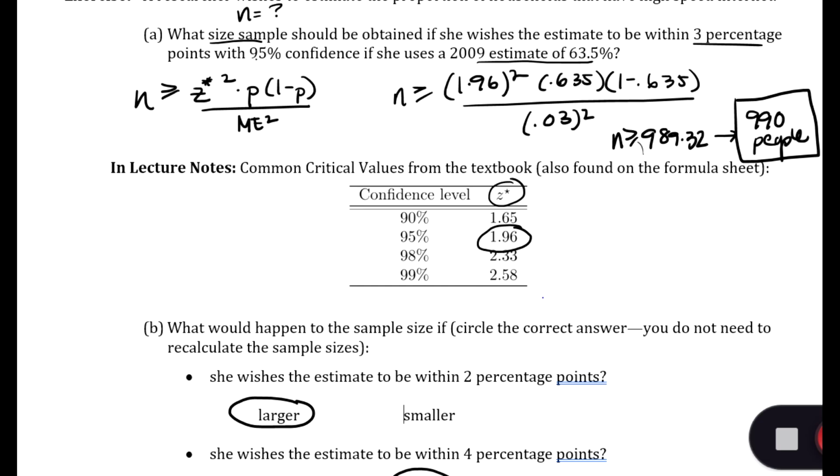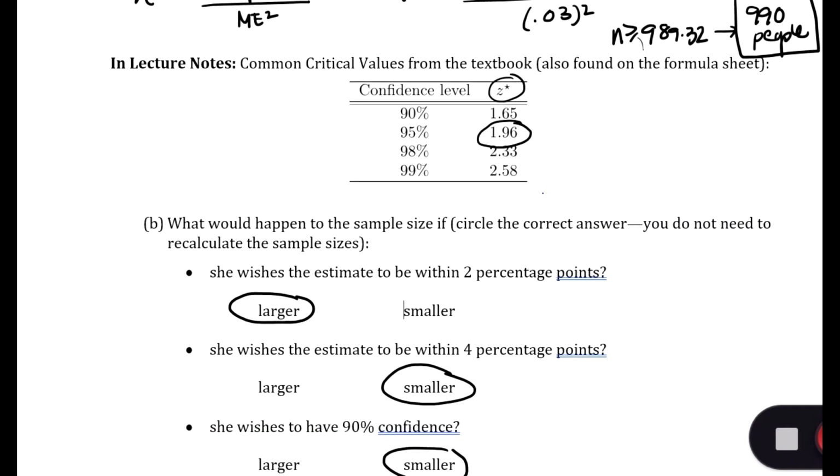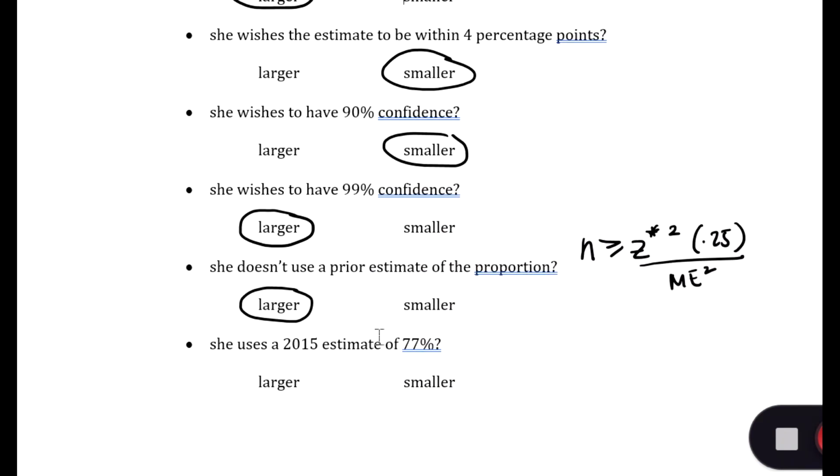So we're going to have a smaller number on the top here than if I had no estimate at all. That means we're going to need more people if we don't have any prior estimate. And similarly, if we have an estimate that's higher than we had before, we're going to have fewer people. So we are going to have it more shifted to these different regions, and then you can go through and test your sample size.